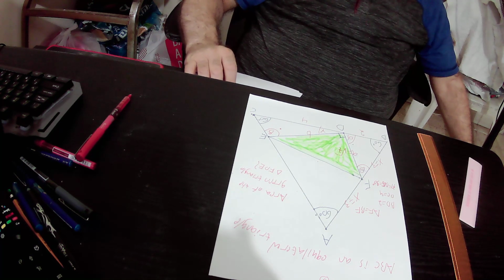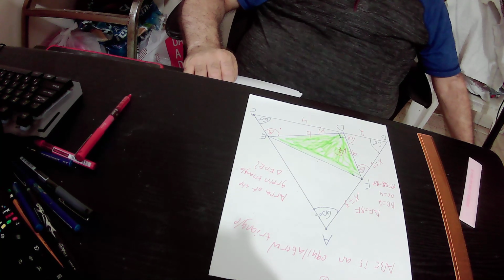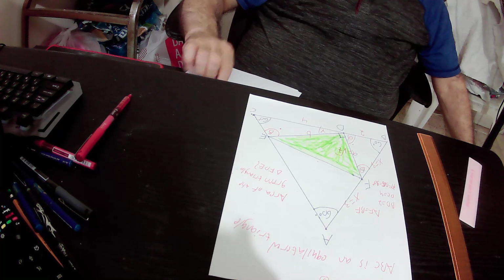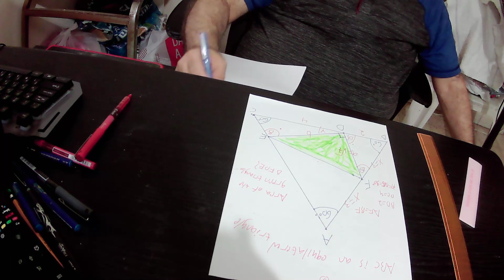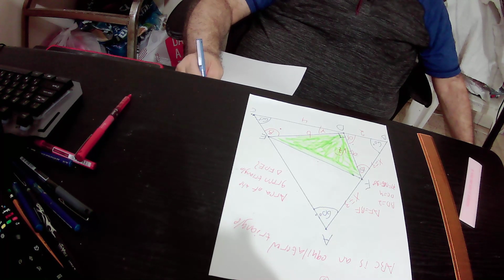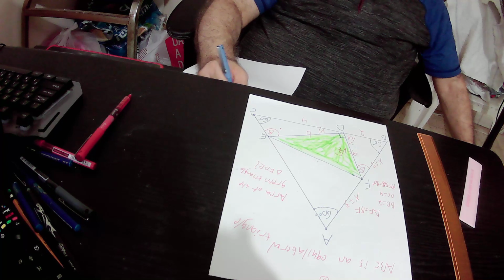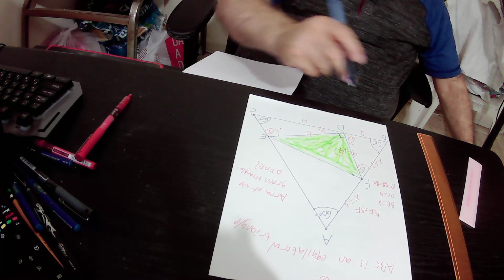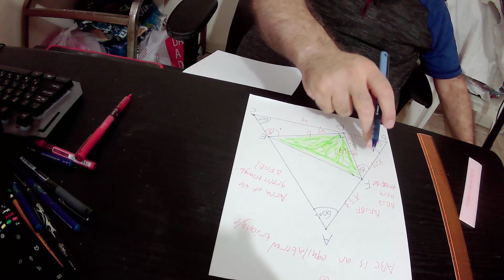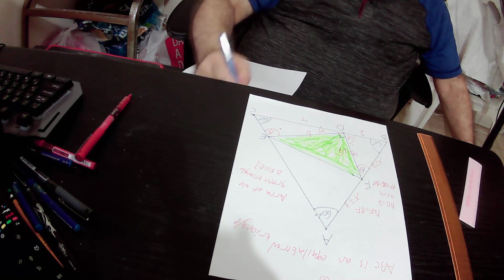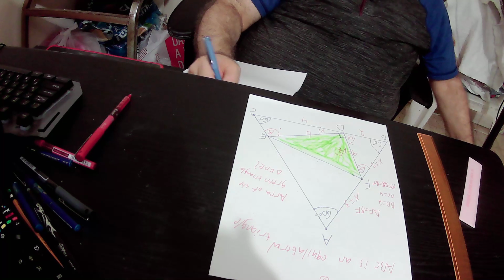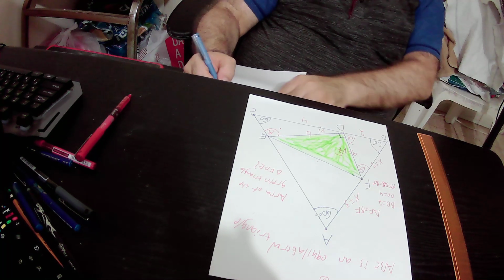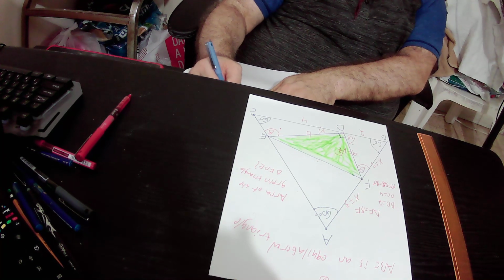In the next step, we will create 4 equations. Our first equation states that in triangle FBD, this small triangle FBD, the sum of its angles equals 180 degrees.